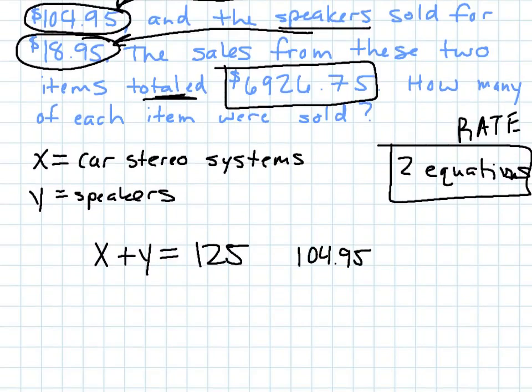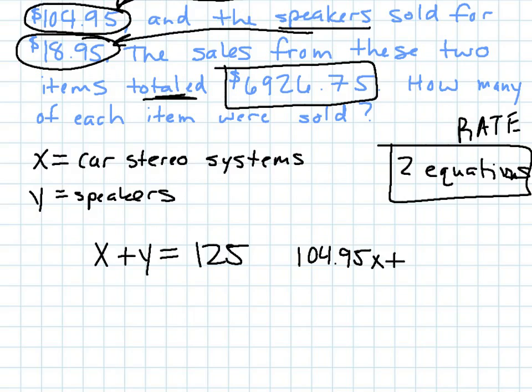But that's attached to your stereo systems, which is X. Now, think of how you make money, or when you buy something, the number of things you buy at the price value that it's sold at tells you the cost of what you have to pay, or how much money you make when you're selling things. So if I multiply the two, 104.95 times X should be the representation or relationship between the two.